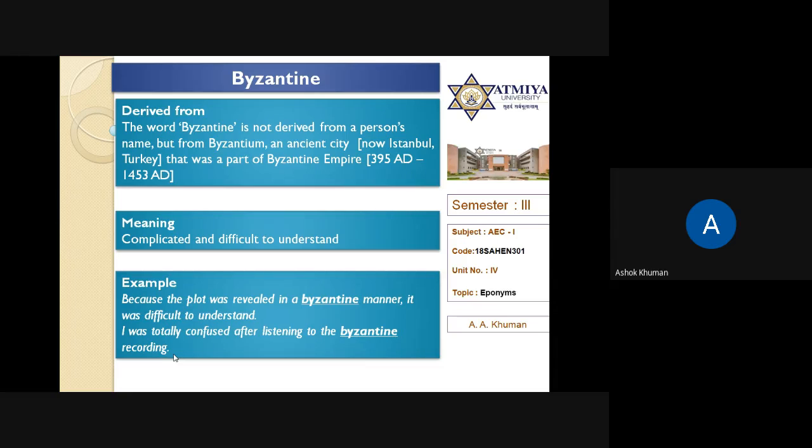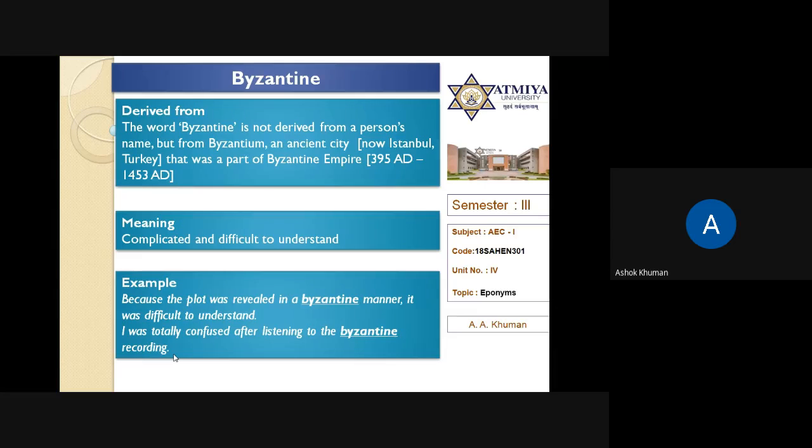So therefore, something which is very complicated and you cannot understand, difficult to understand. From that empire, the word has come into the language: Byzantine. It is used as an adjective for something, a book, movie, or anything which is difficult to understand.